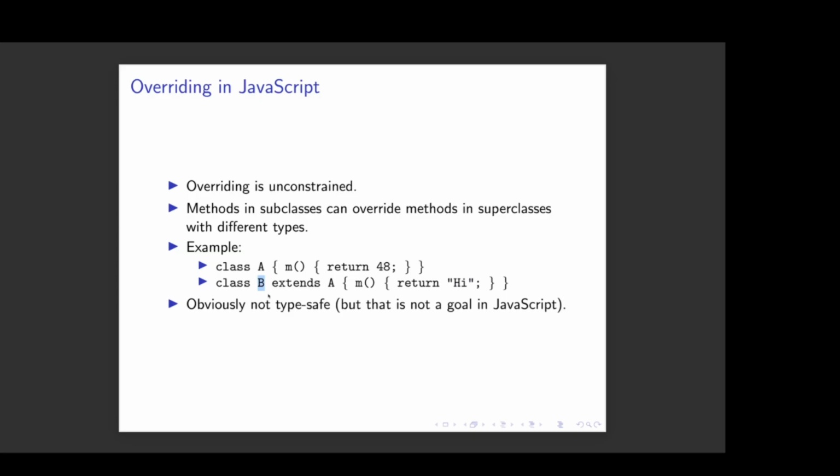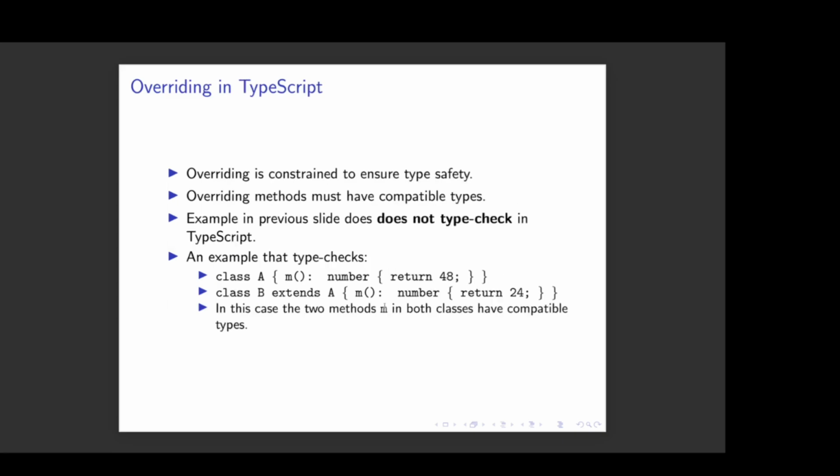How about TypeScript? So TypeScript needs to be a bit more careful because it has a type system, and it tries to ensure type safety. And the way that TypeScript works is not that different from the way that Java, C#, C++ work. So it has some restrictions on the overridden methods to ensure that these overridden methods have compatible types. So the example in the previous slide does not type check in TypeScript.